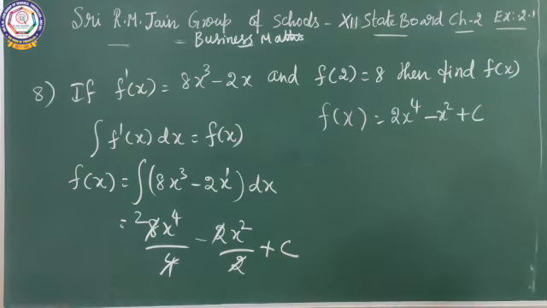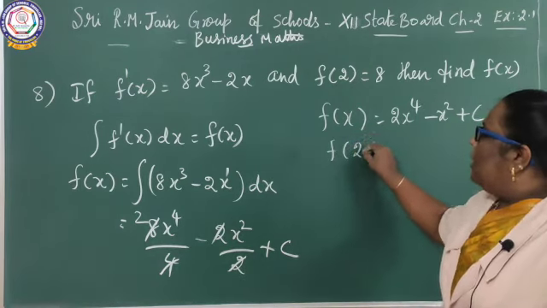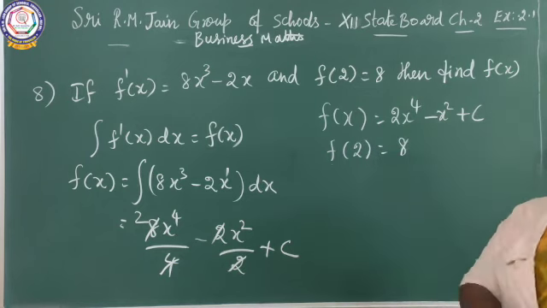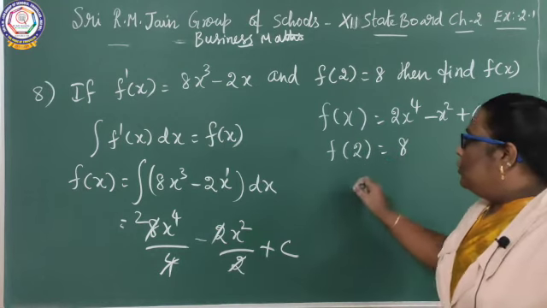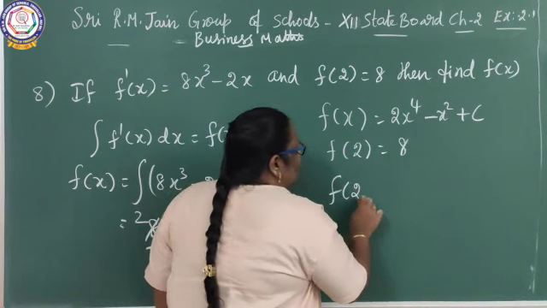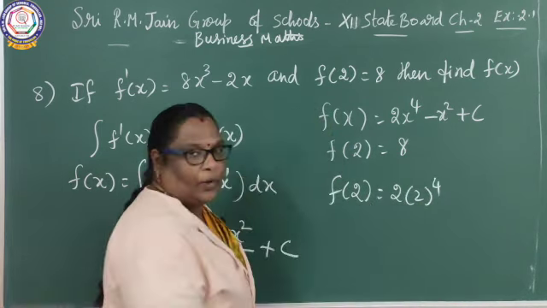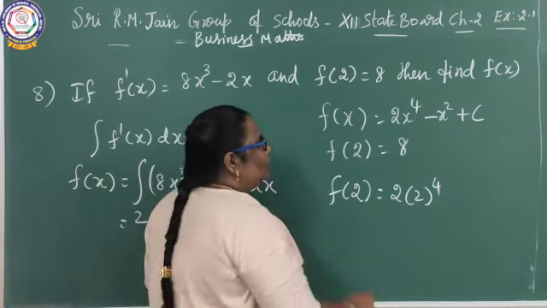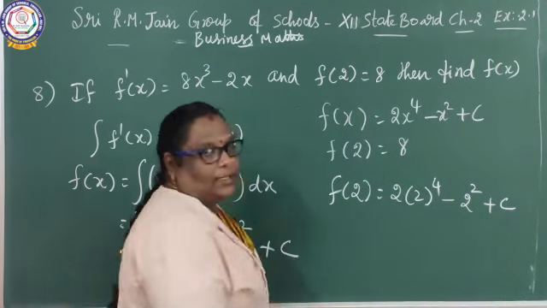See, f of 2 equal to 8. You should find out the value of c. Substitute x equal to 2 in the place of x. So f of 2 equal to 2 into 2 power 4 minus 2 squared plus c.